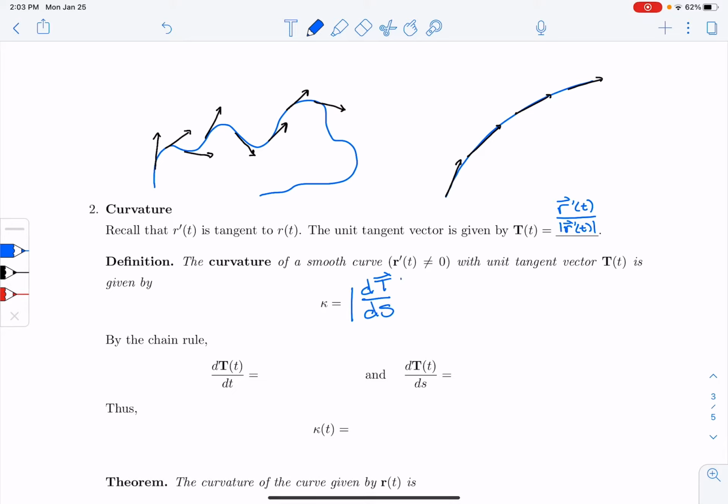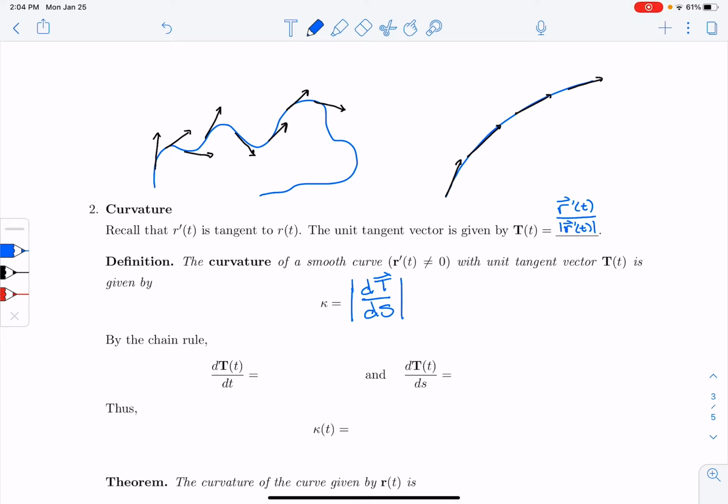So we're going to measure how quickly the tangent vector is changing with respect to a change in arc length. This derivative is not dependent on time, because we don't want to define curvature based on how fast a particle is moving along a curve. No, the derivative is with respect to arc length, because we want to understand how that tangent vector is changing as the curve bends.